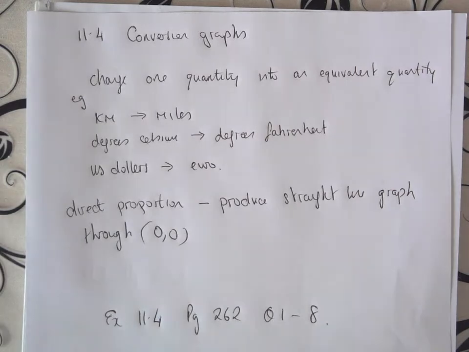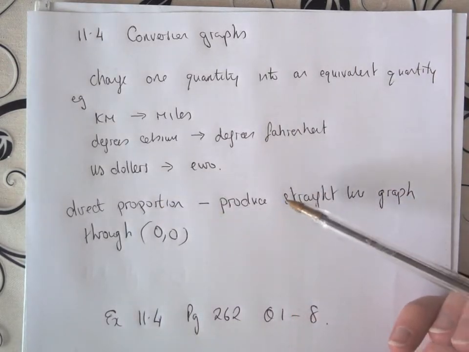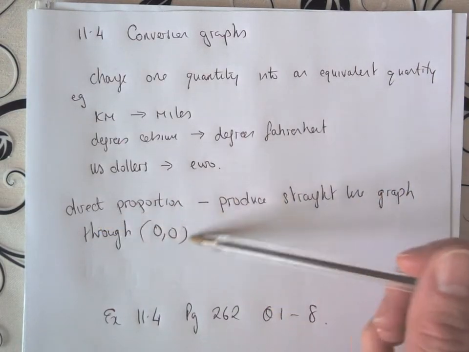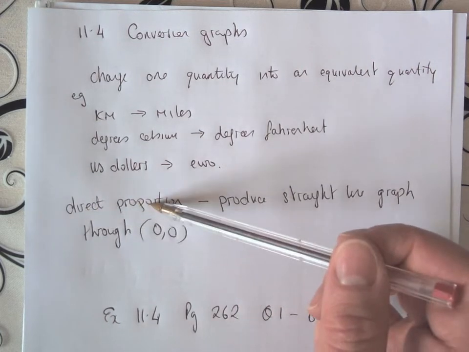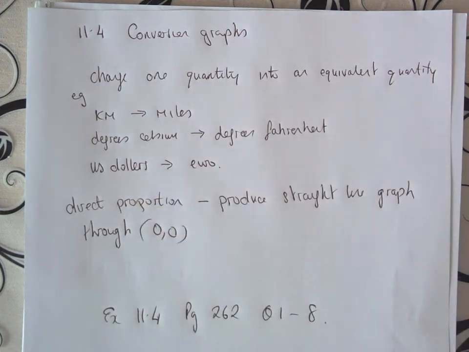A directly proportional graph produces a straight line graph through 0, 0. So it has to go through the point 0, 0 to be directly proportional. You'll have proportional graphs that don't go through 0, 0. They will be proportional. As one thing increases, the other thing increases, or as one thing increases, the other thing decreases. But they're not directly proportional unless they go through 0, 0.